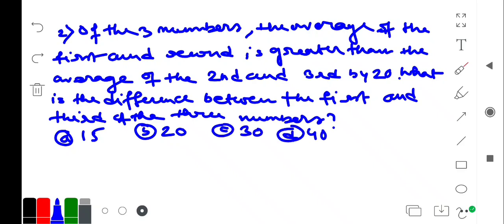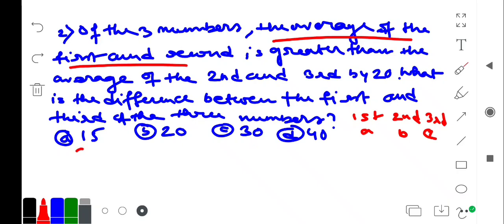So suppose there are 3 members, so the average of the first and second should be greater than the average of second and third. Suppose first, second, third are A, B and C. So the average of the first and second is A plus B by 2, and that should be greater than the average of the second and third by 20.